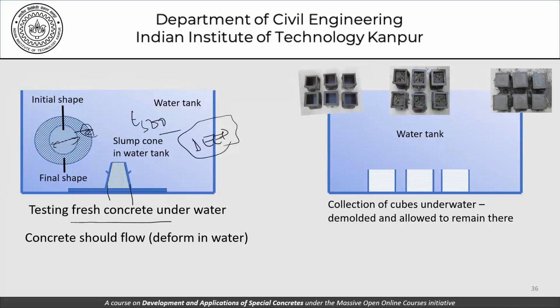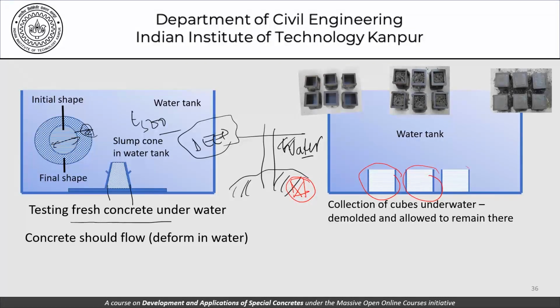Recall that when we are doing a tremie construction, there is a tremie somewhere like this, and there is concrete here. So this concrete is being deposited using a tremie, and all this is water. We are interested to find out what is the strength of this concrete, and this concrete was placed not in air but in water. So therefore, much like the test for fresh concrete, the cubes also need to be taken underwater, demolded and allowed to remain there.